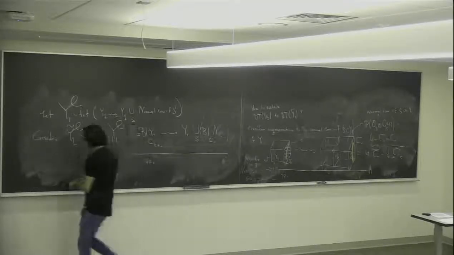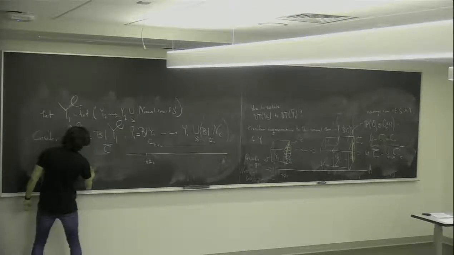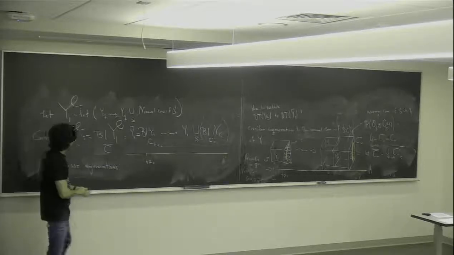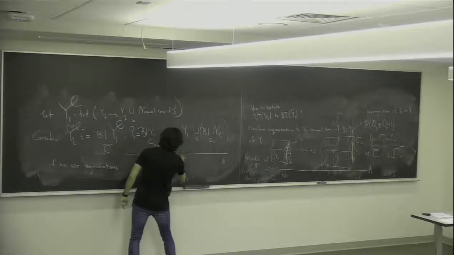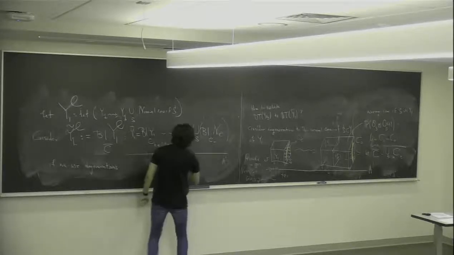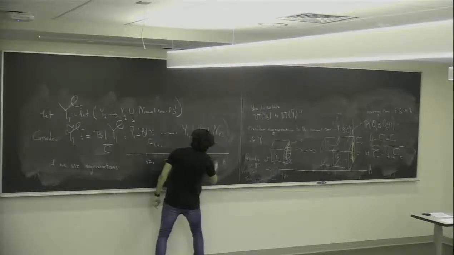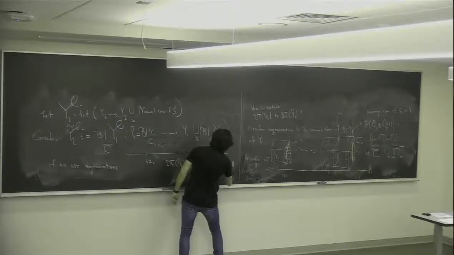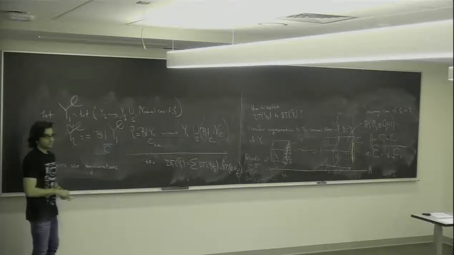And now if we use the degeneration technique, then we can see that the DT invariants of Y1 tilde will become the sum of the product of the DT invariants of Y1 relative to S times the DT invariants of the blow-up cone relative to S. So there you go.